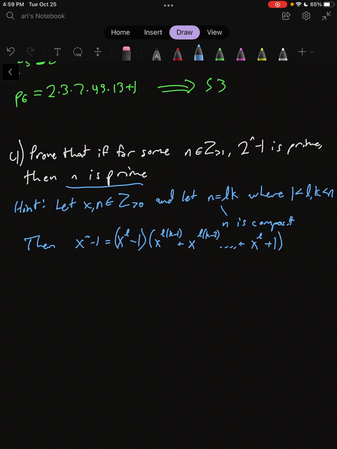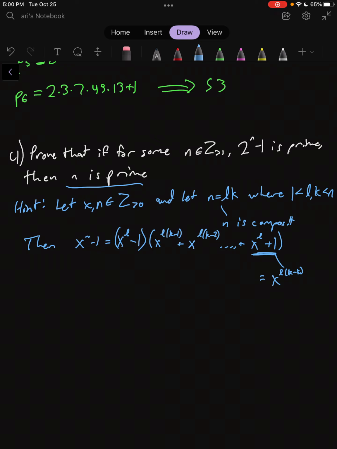And this one is like x to the l times k minus k, which becomes x to the 0, which becomes 1. That's just a little explanation of how we end our sequence with x to the l plus 1.